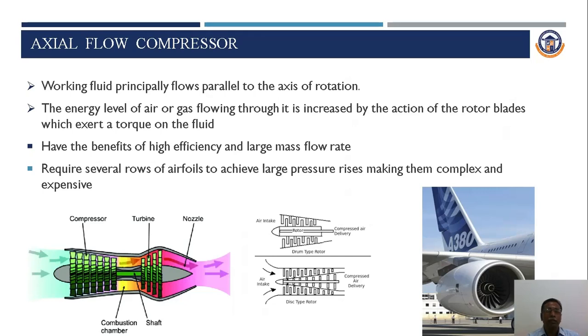The energy level of the air or gas flowing through it is increased by the action of the rotor blades, which extract the torque of the fluid. It has the benefits of high efficiency and a large mass flow rate. It requires several rows of aerofoils to achieve a large pressure rise, making it complex and expensive.